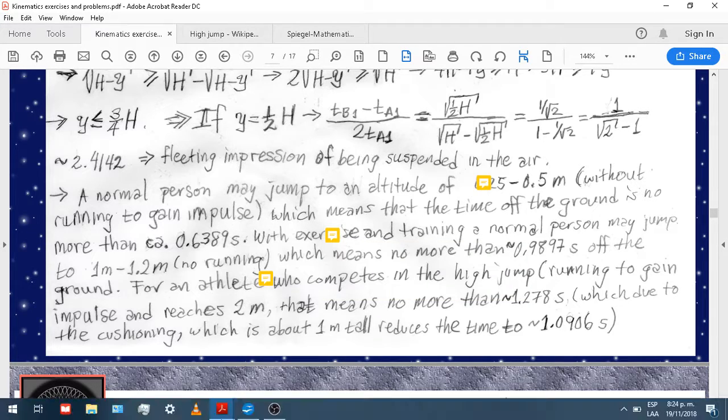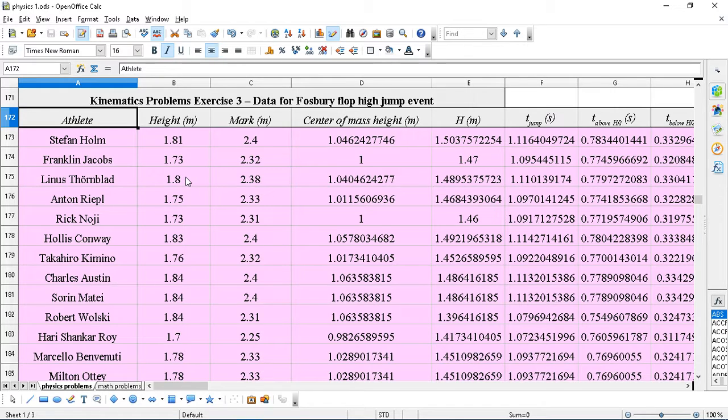Okay, in the case of the high jump, known as the Fosbury-Flop high jump event, which is the high jump event using the Fosbury-Flop technique, which is the actual technique used for such an athletic event, here we have a table where we have the names of athletes, their height, the marks they made, and the approximate height of the center of mass with respect to the ground for these jumpers.